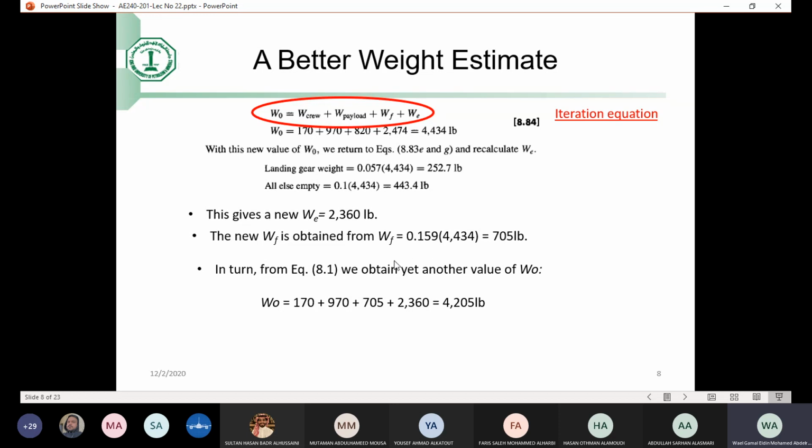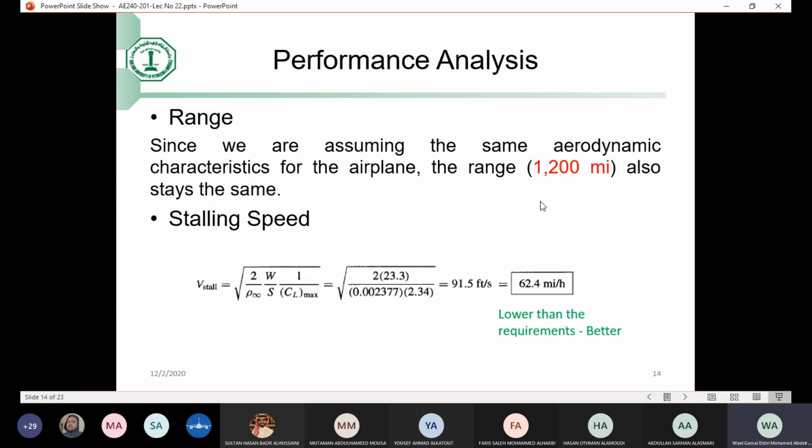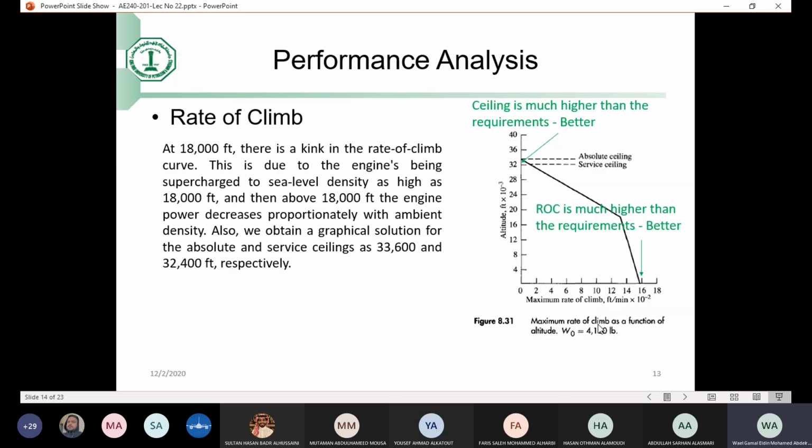It's the same. So the aircraft will have the same range, 1200 miles, with the same fuel tank. It will go with the same engine. It will go for 1200 miles. Range did not change. We satisfy the range, but do not over-satisfy the range.